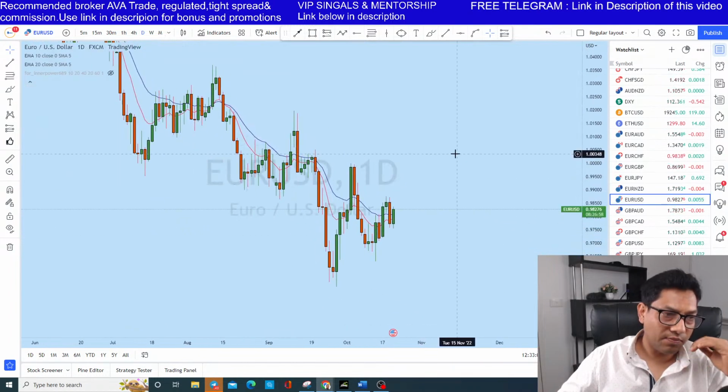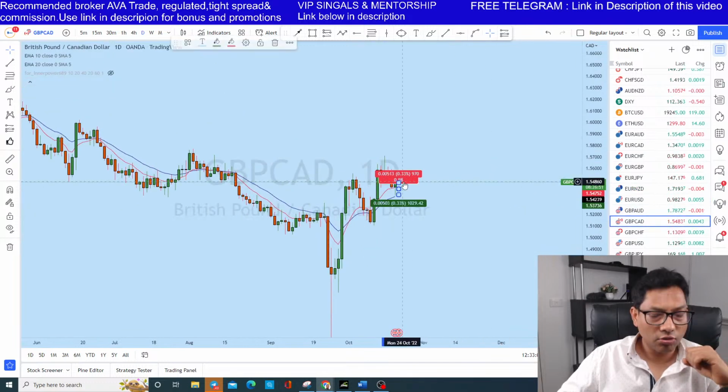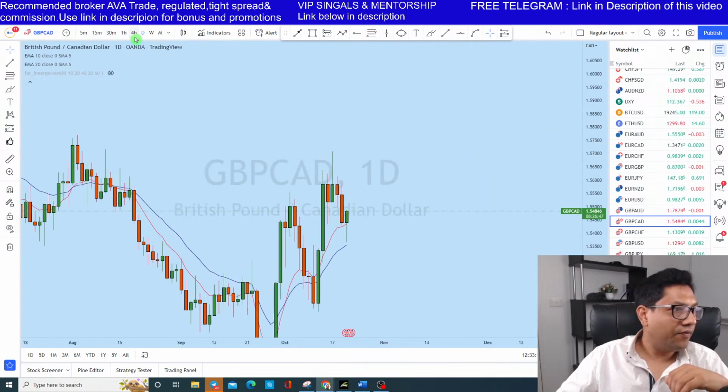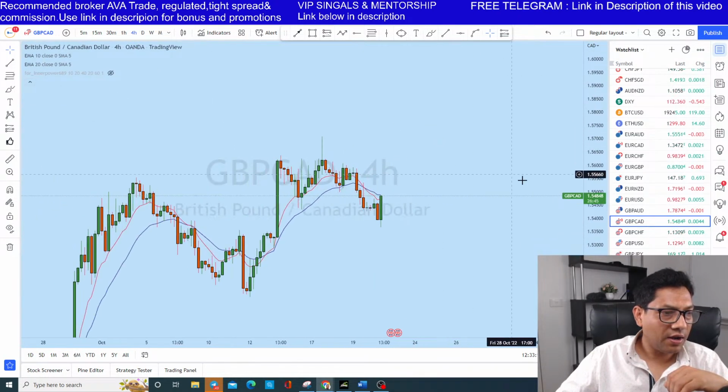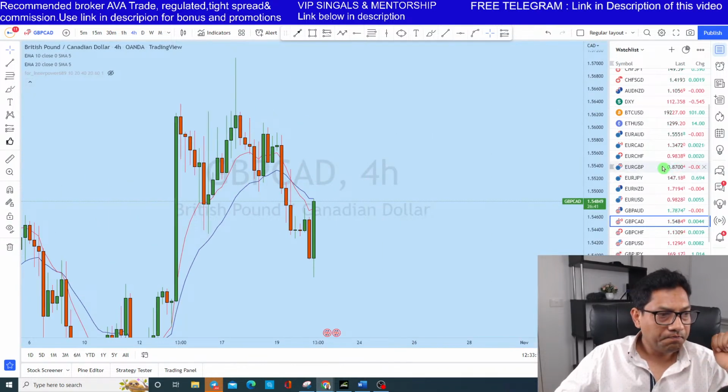We see some upward movement on all of these pairs, while GBP CAD has gone in the other direction. So we have seen some very unusual moves. Let's find out which way the market is heading.